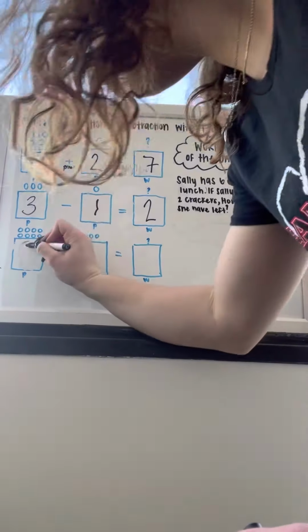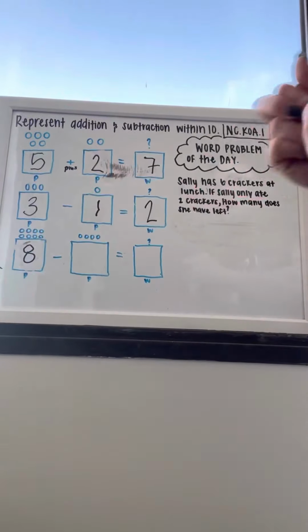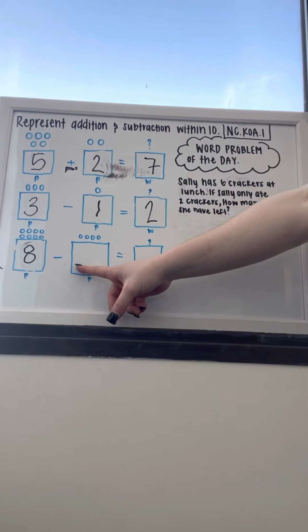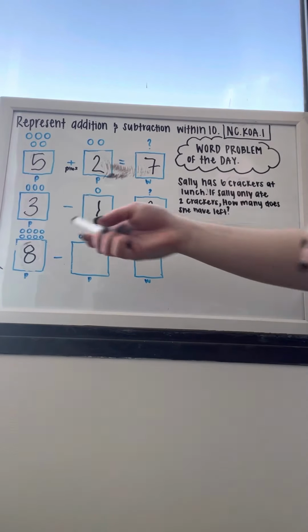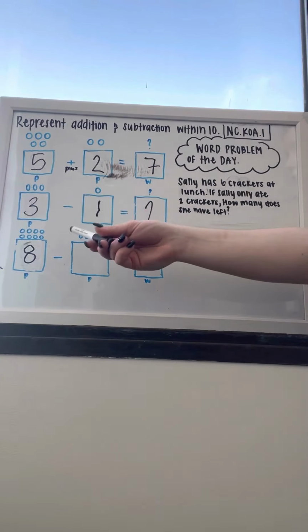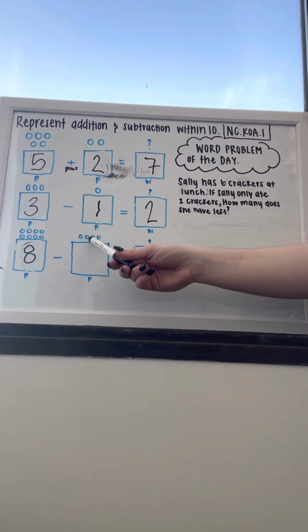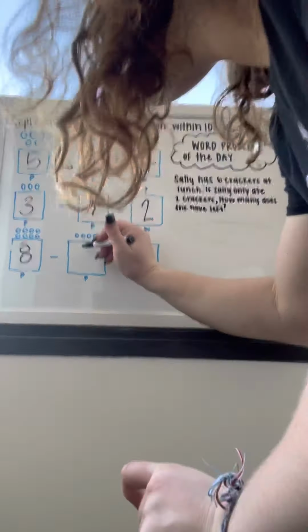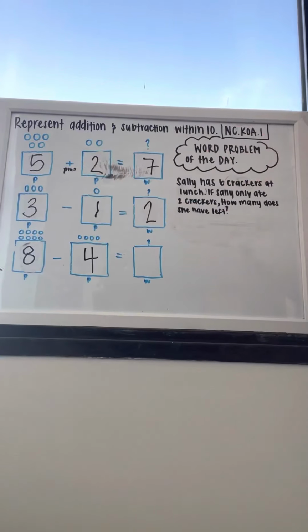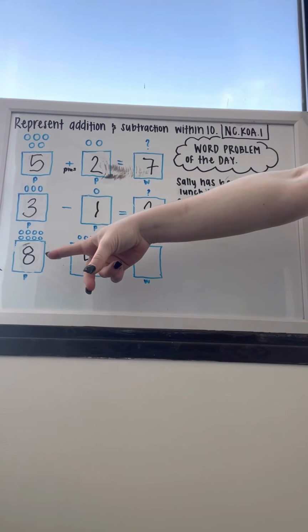There are 8 circles, okay? And can someone tell me what that is? Yes, that is minusing. And how many circles are we minusing from 8? 1, 2, 3, 4. So our 2 parts are 8 and 4.